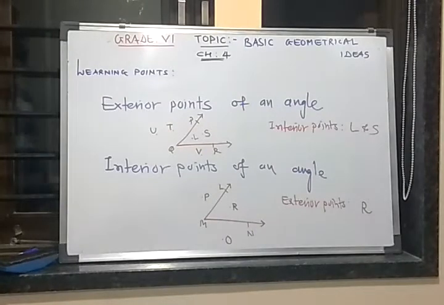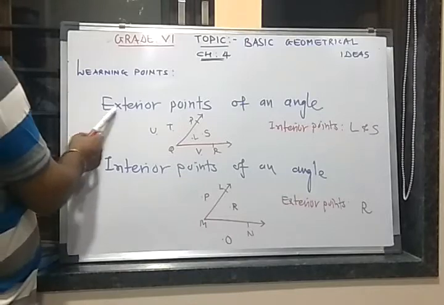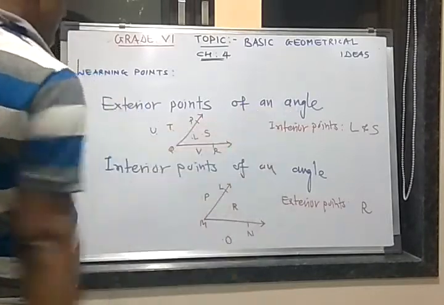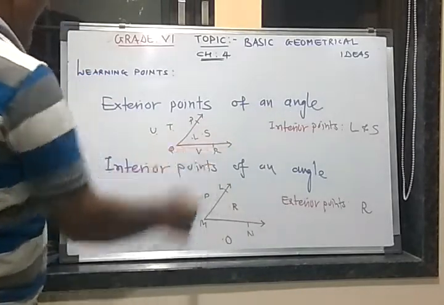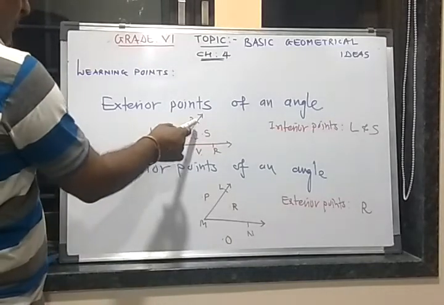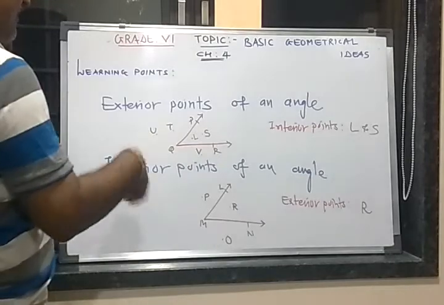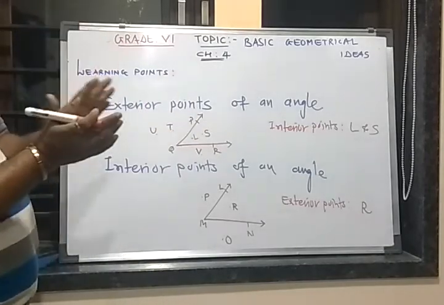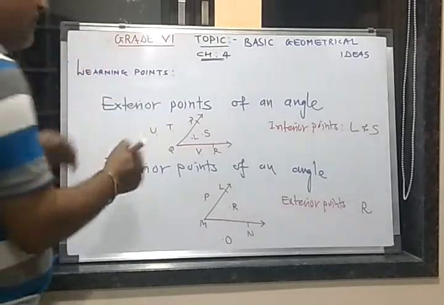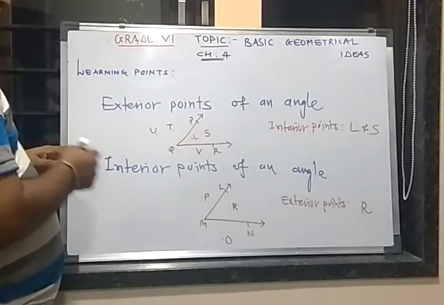Now students, another point, exterior points of an angle. Here I have drawn one angle, and the angle's name is angle PQR. The interior points are the points which lie on the inner side of the angle, right?